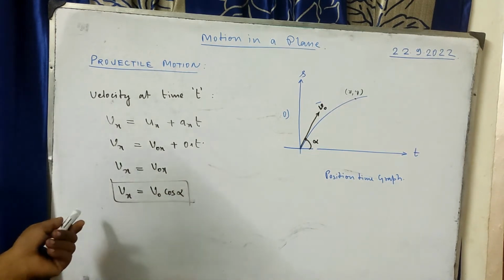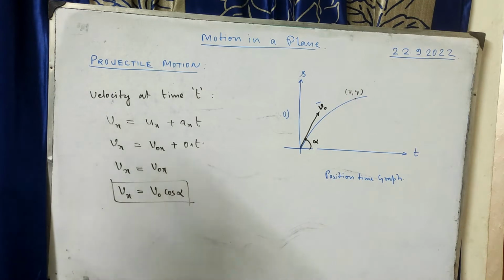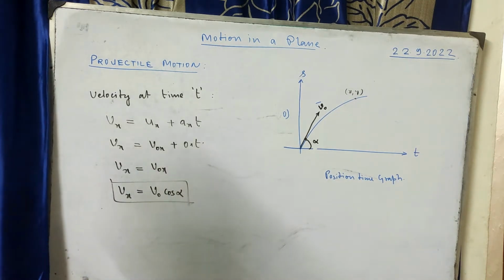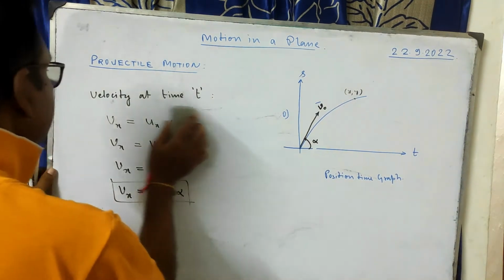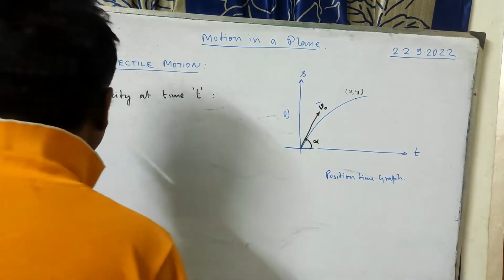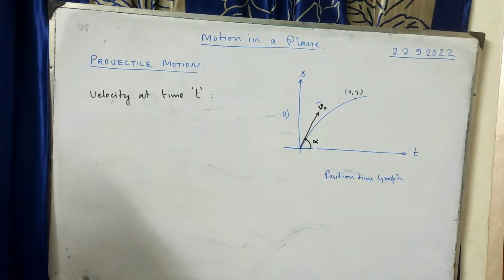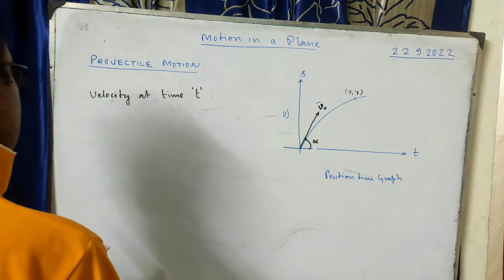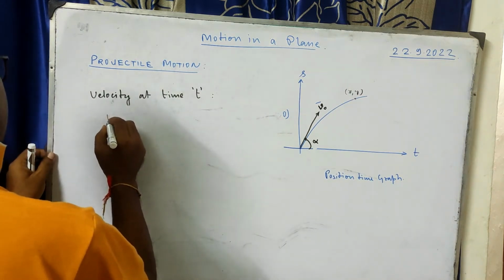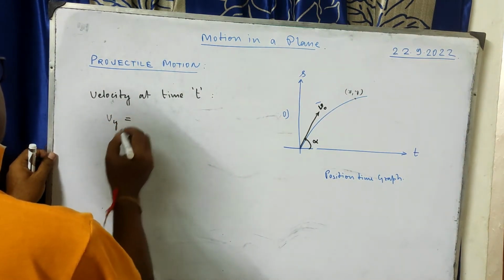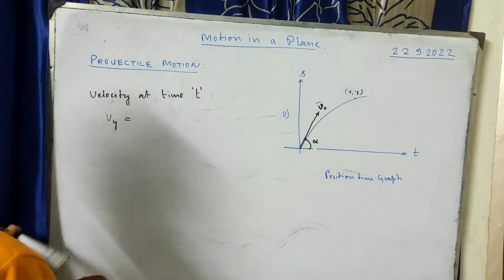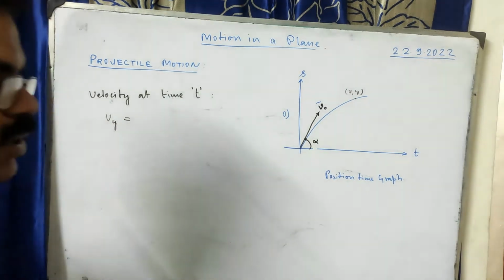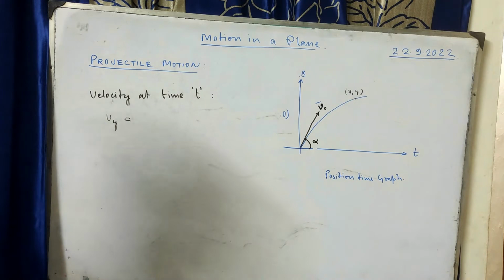This is your x component of the velocity. Now we have to find out the y component, at any time t. So Vy is equal to, because this vertical motion is under uniform acceleration g.